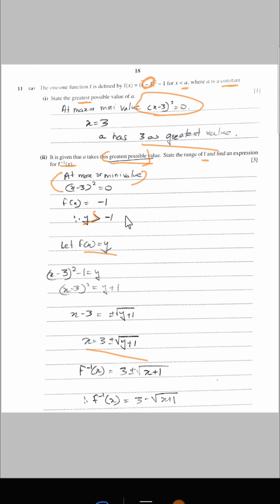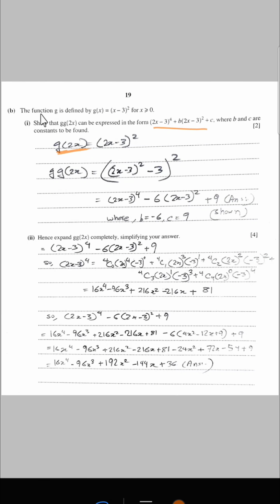And since we have found the range of f, that is greater than minus 1, and the domain of f, that is x less than 3, the range of f inverse would also be less than 3, since the domain of f is equal to the range of f inverse. Since this value is less than 3, we have to take the minus sign here to make the value less than 3.